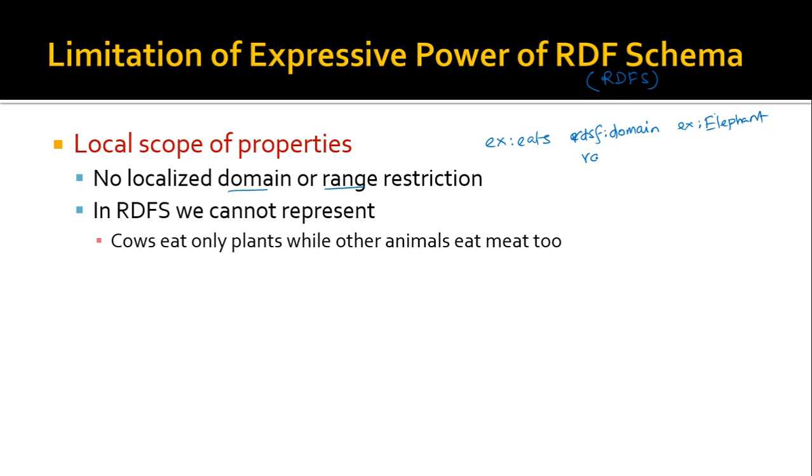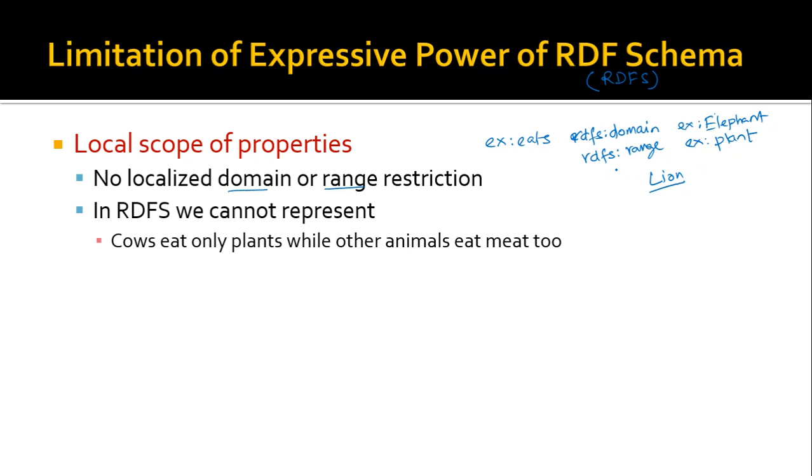And the range of eats is, say, plant. Now what you are saying here is that elephants can eat plants, but what about, say, a lion? They also eat, right? And they do not eat plants, they eat something other than plants, say maybe meat, right?